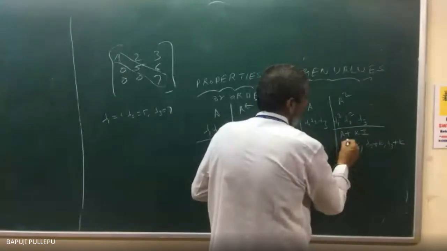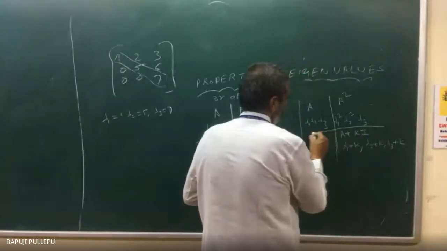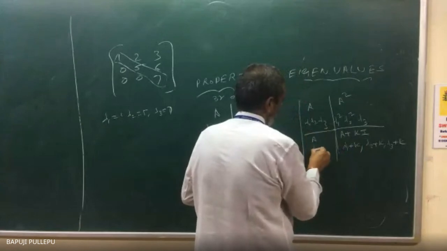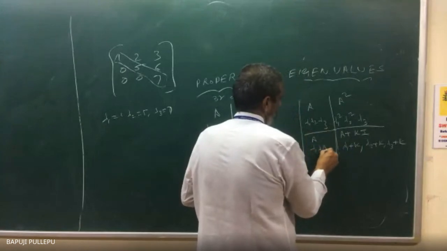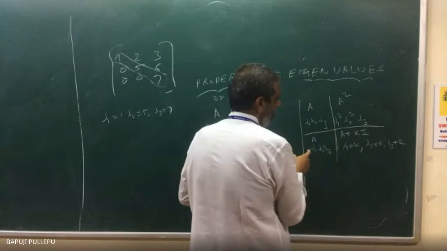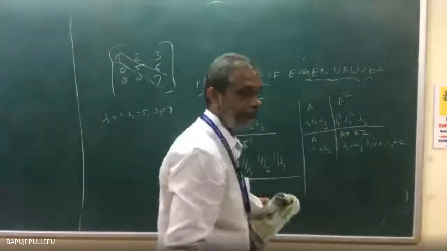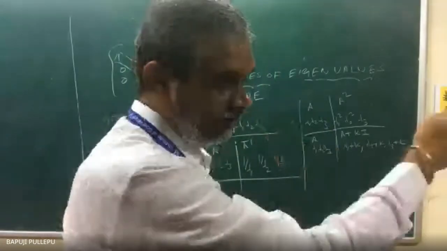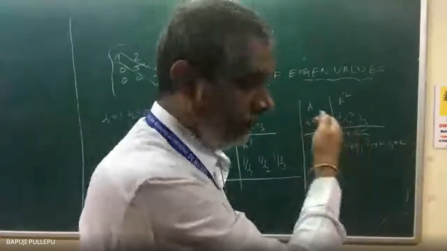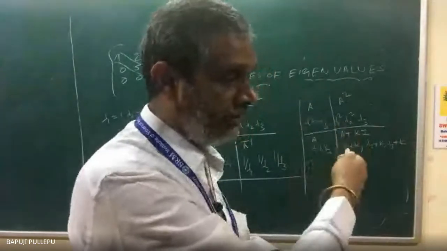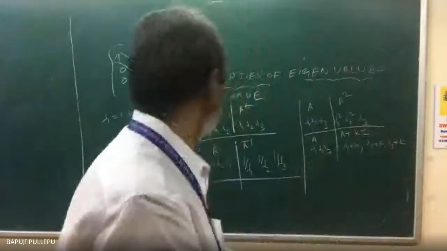Again, a new story: if A has eigenvalues lambda 1, lambda 2, lambda 3, then A plus kI has eigenvalues as above.